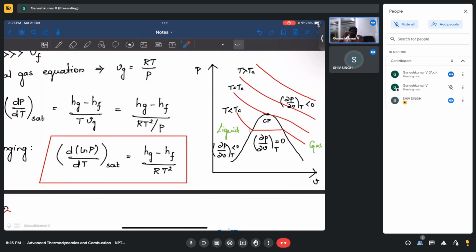Then once you know the saturation pressure, you can get the saturation temperature, you can get hfg, you can get the amount of enthalpy, heat, entropy, everything you can get. These are products of this, right? So since you fix the saturation pressure, you will get all these things, right?